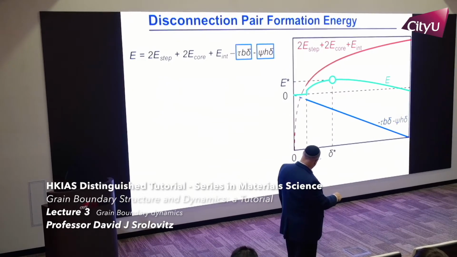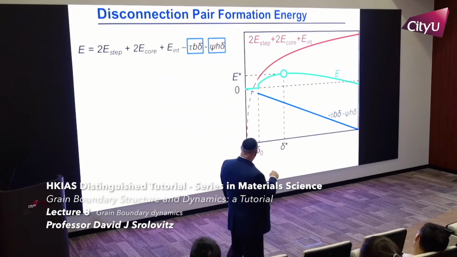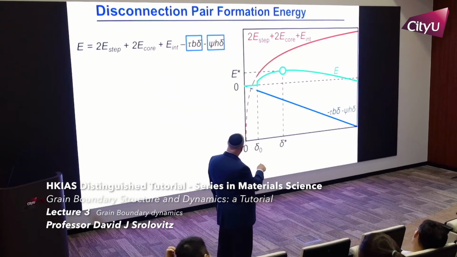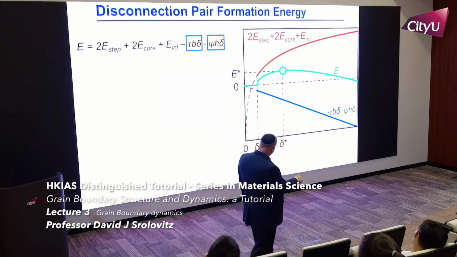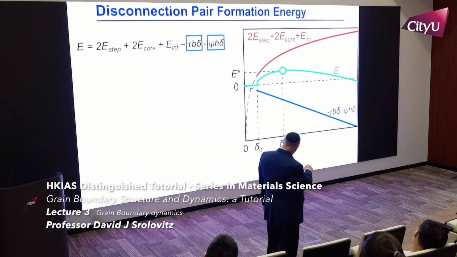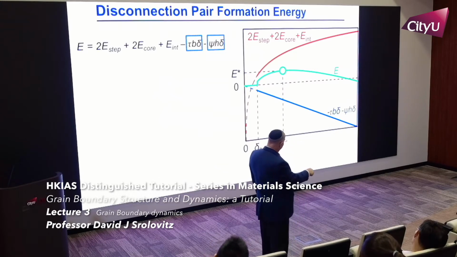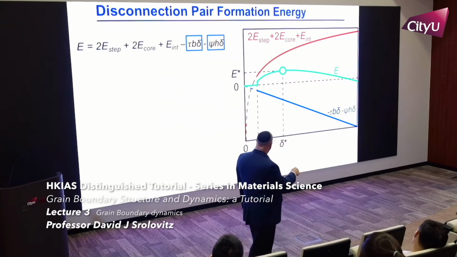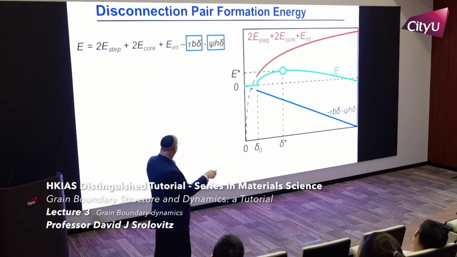So that's a blue line here. Or if I apply a chemical potential jump, psi, and I have a step height h, and that's the separation delta. So these two things together give me this linear curve, linear in delta, the separation. They both do the same thing. And so now if I add the red curve to the blue curve, I get the green curve.